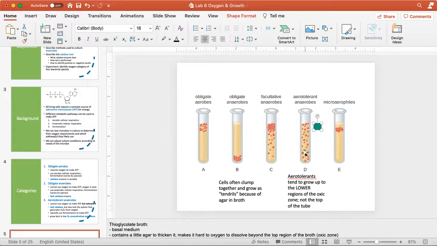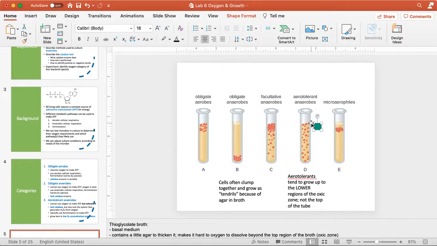It looks like the red balls are present all the way up and down the tube evenly. In reality, you're not going to see any growth in the top half of the oxic zone, but you will see growth in the lower half of the oxic zone. Let me say that again because that's important. I've written it right down here for you.